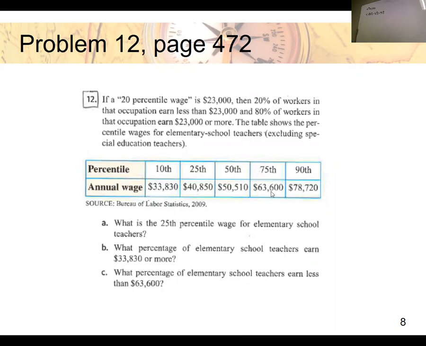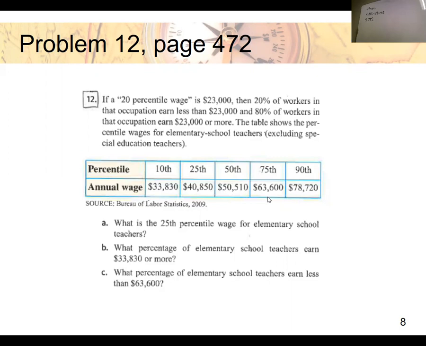Well, here's 63,600. What percentile is that in? That's the 75th percentile. This means 75% of those elementary school teachers earn less than $63,600.